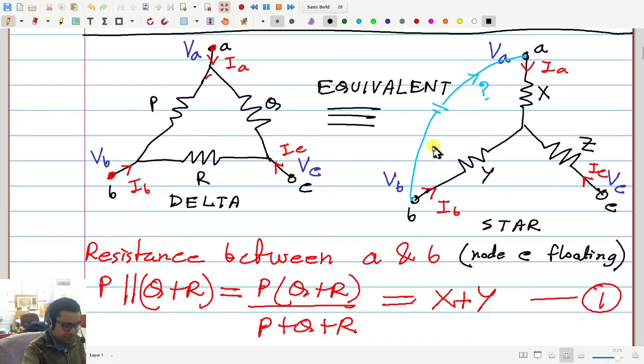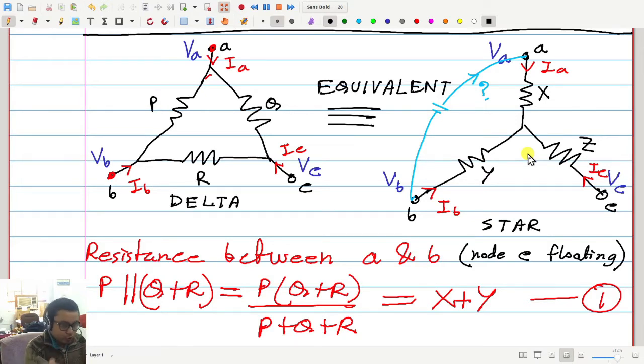It means that if we apply three different voltages, VA, VB and VC here, and the same three voltages here, then the currents here, IA, IB and IC, will be the same as these three currents IA, IB and IC. It means if in any circuit you find this delta configuration, you can replace it with the star configuration, and in the remaining circuit nothing will change. That is the most general meaning of this equivalence.